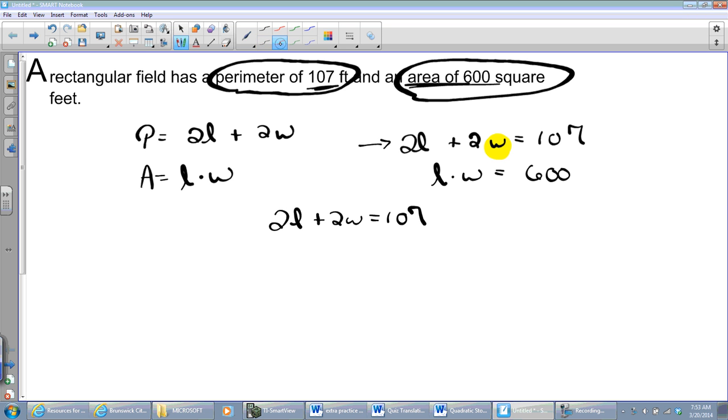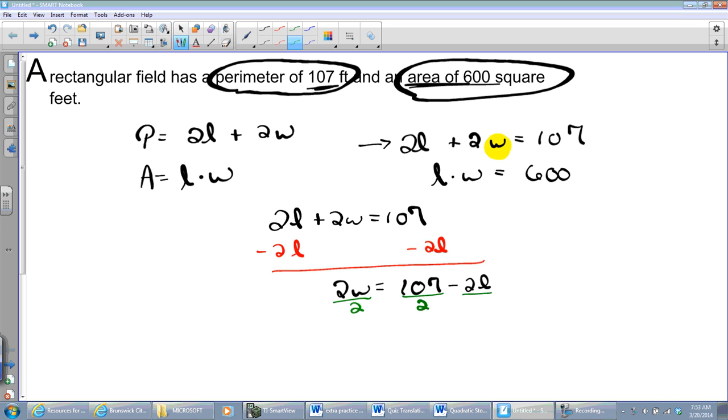I'm going to subtract 2L from both sides, 2L minus 2L. And so my new equation will become 2W equals 107 minus 2L. Now, the W is not alone yet, so I'll divide by 2. Divide by 2, divide by 2.